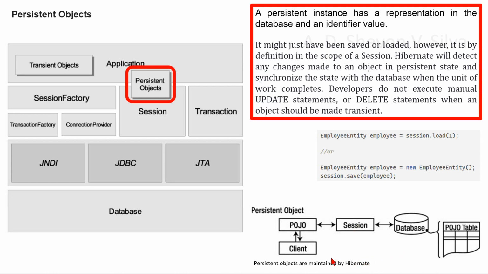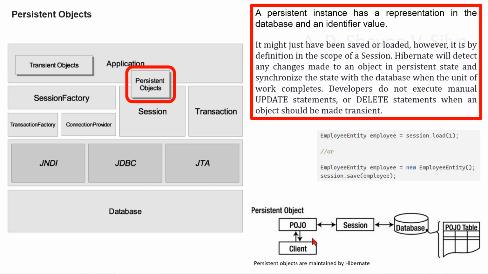Here you can see persistent objects, persistent or managed. Persistent objects are maintained by Hibernate. Persistent entities exist in the database and Hibernate's persistent context tracks all the changes done on the persistent entities by the client code.